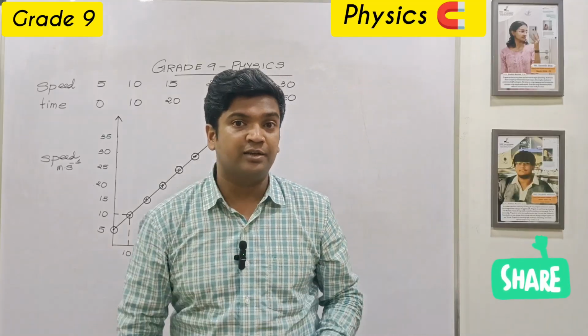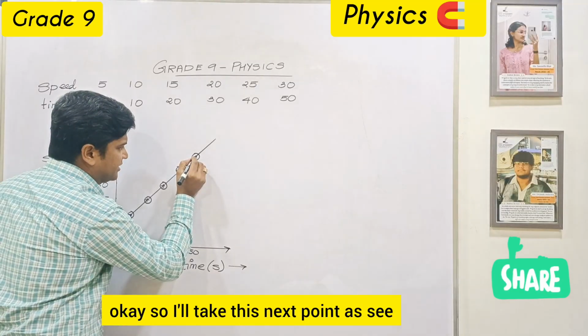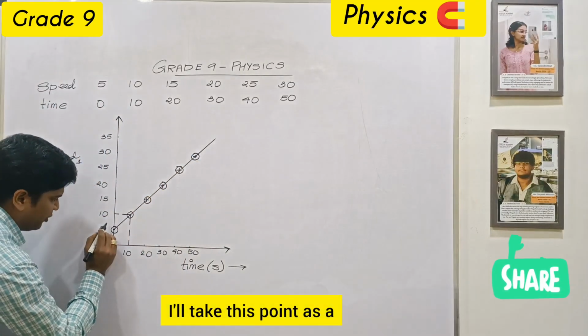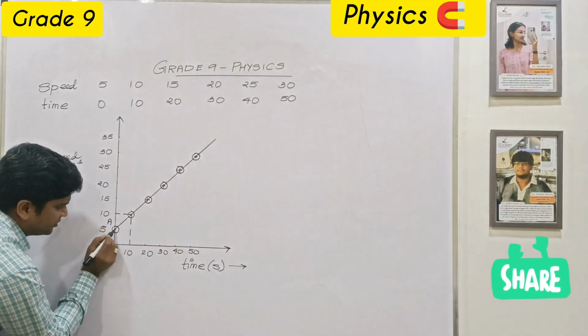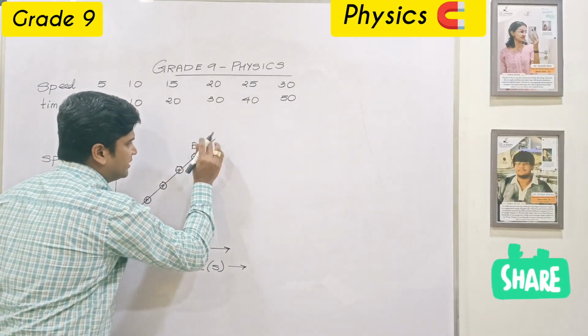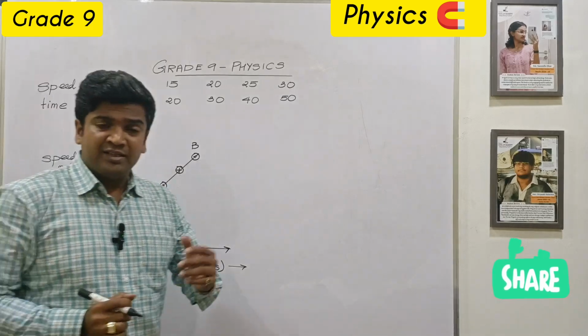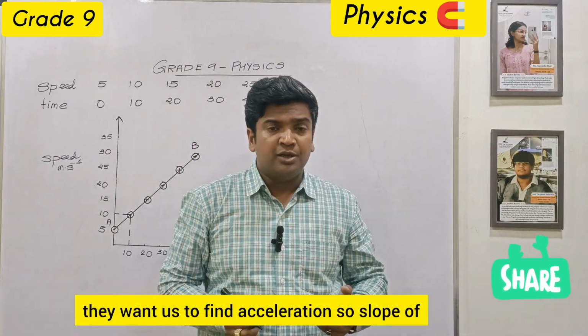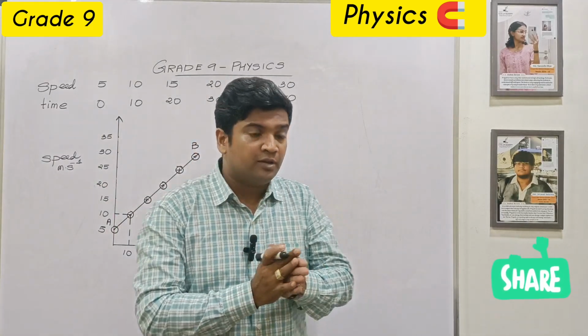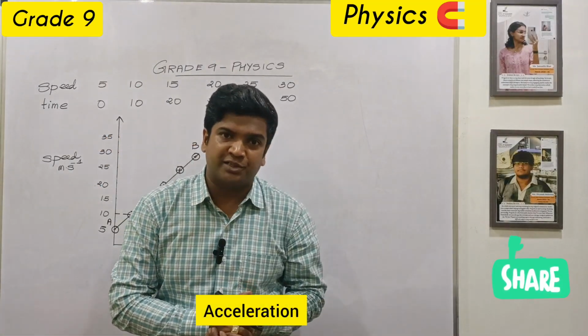the acceleration of the truck. I'll take this point as A and this point as B. You know very well, children, that they want us to find acceleration. So the slope of the speed-time graph gives us acceleration, no doubt.